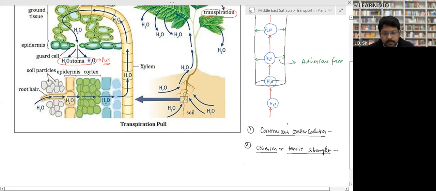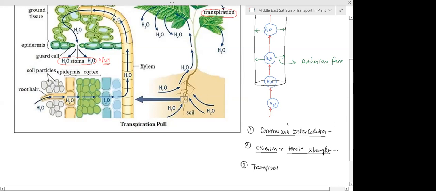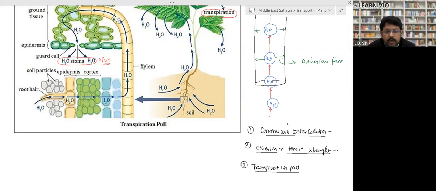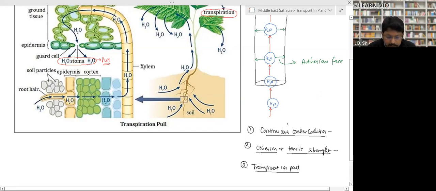Third point, transpiration pull. Water vapor diffuses out of the leaf.